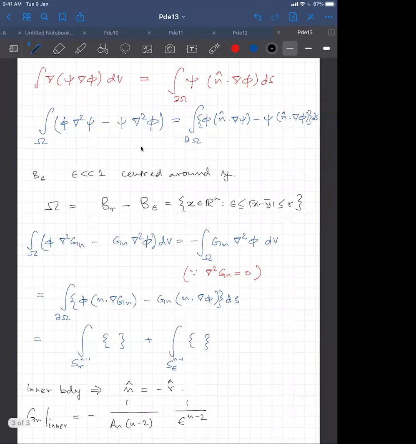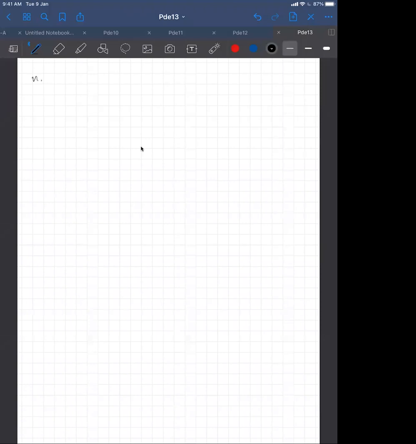And if you find out what n cap dot grad Gn on the inner boundary is, then this simply turns out to be 1 over an, 1 over epsilon to the minus 1. If you are thinking about the measure of the n plus 1 dimensional sphere of radius epsilon, ds is nothing but epsilon to the n minus 1 d omega n.